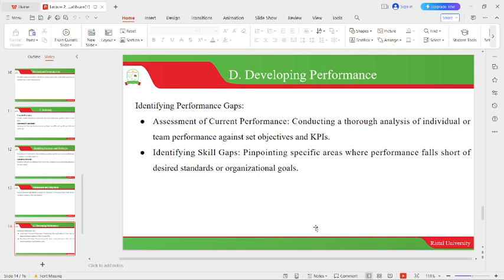Under that gap, you need to do an assessment of current performance. You need to conduct a thorough analysis of individual or team performance against the set objectives and the key performance indicators. It could be one person, because treatment is a process. Maybe the person who is supposed to meet the patient for the first time is the one delaying the whole process. The patient cannot go to the lab for testing without consultation.